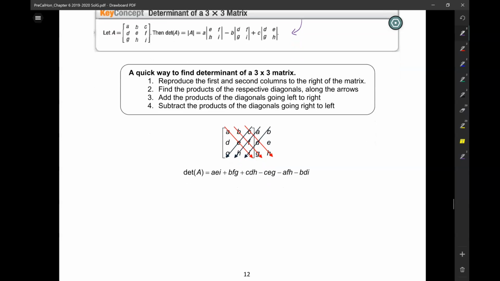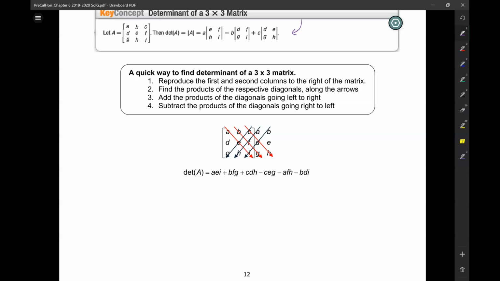I've given the steps here, 1, 2, 3, 4. But listen, it's super easy. So look at what you do. You see this matrix, A, B, C, all the way to here? You reproduce the first 2 columns here. Just clone them, copy them down. Now, you draw arrows like this.